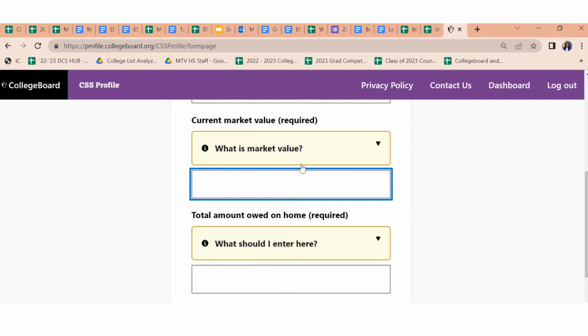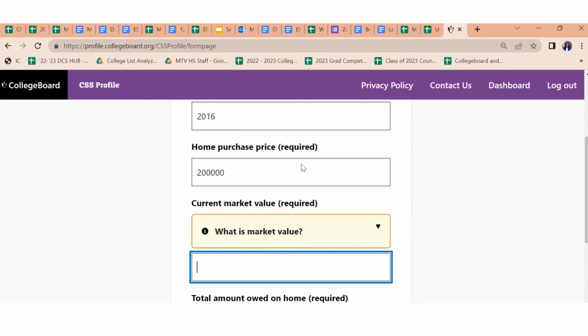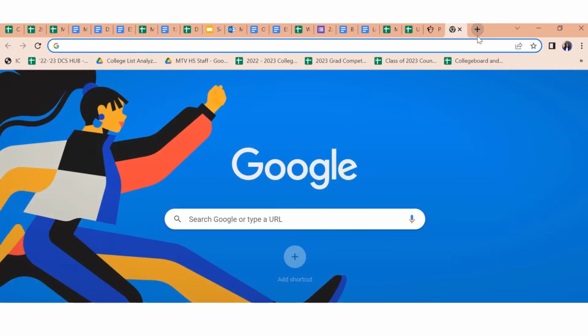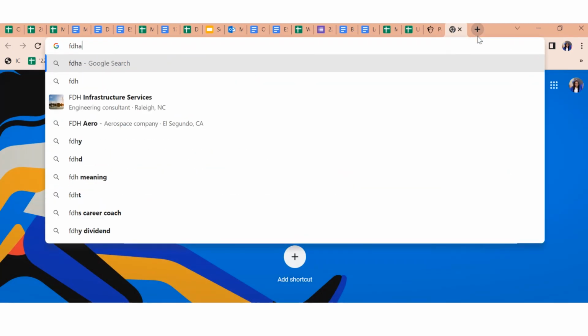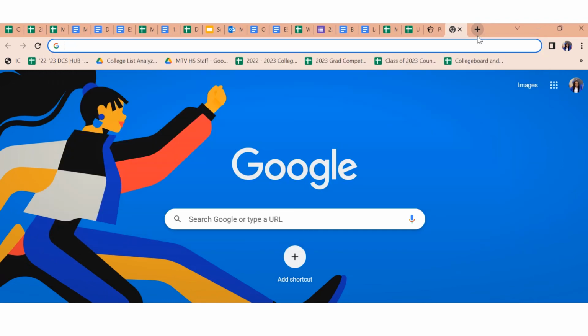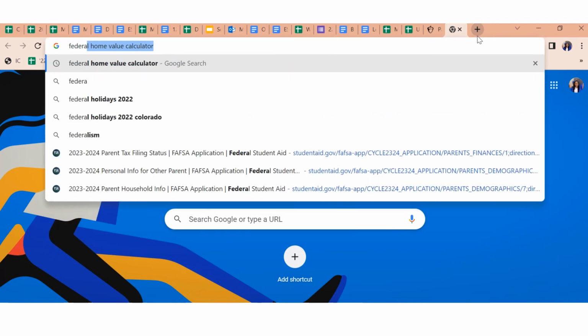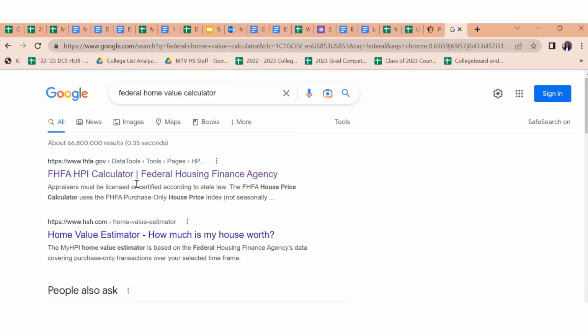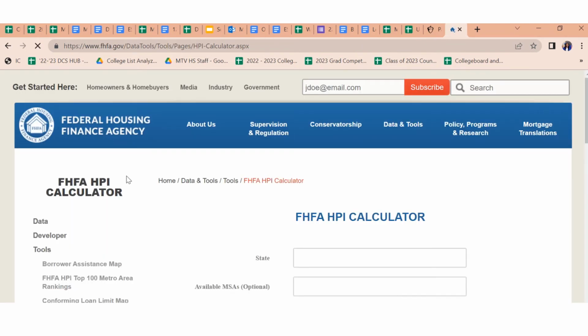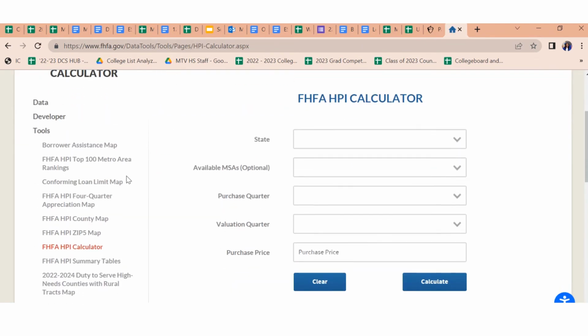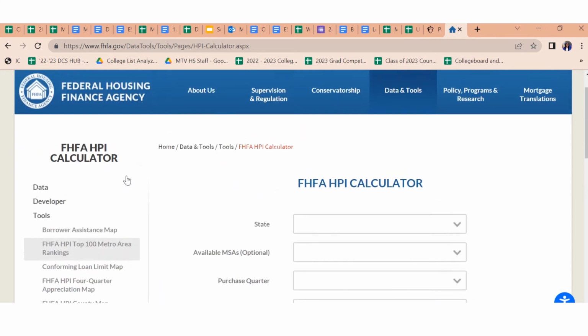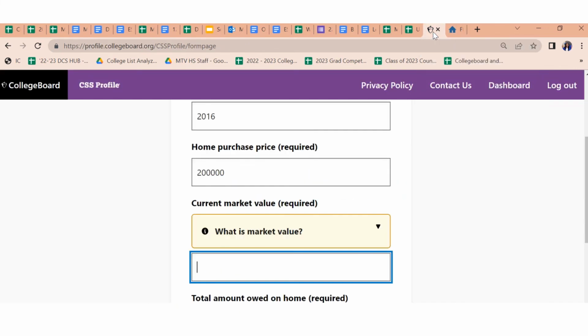So for this example, I did look up a website. I just searched for it by typing in Federal Home Value Calculator and Googling that and going to the FHFA calculator, and you'll input some information and it will give you the current estimate.